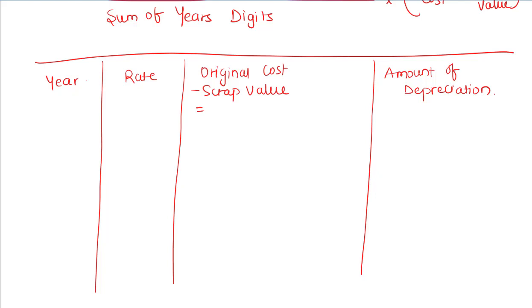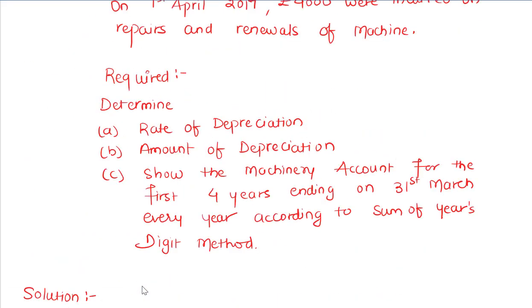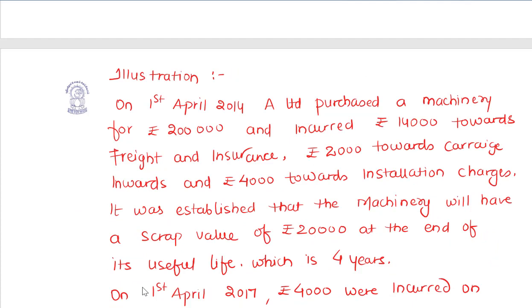It is given in the question, 2 lakhs plus 14,000 will be added, not 7,000. So 2 lakh plus 14,000, 2,000, and 4,000 will be added.